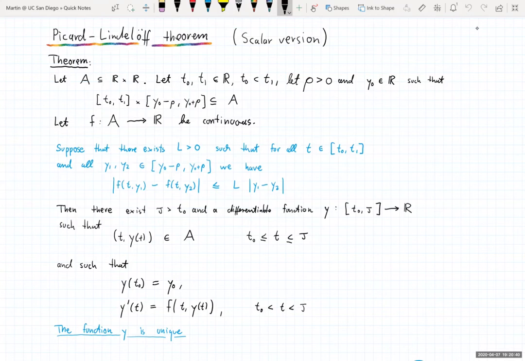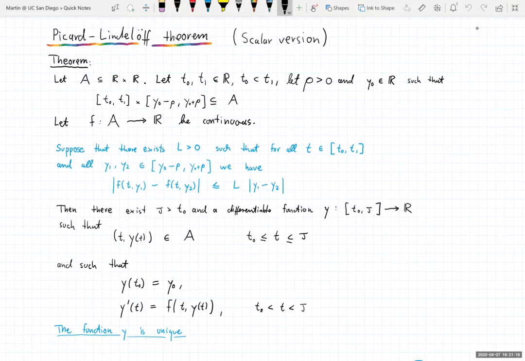With that condition, we can conclude the following, namely there exists a positive number tau larger than t0, and a differentiable function y, which is defined on this interval from t0 to tau, mapping into the real numbers, such that on the one hand, for all t from t0 to tau, we have that the pair t, y(t) is contained in the set A. So in particular, t and y(t) can be used as input for the function f.